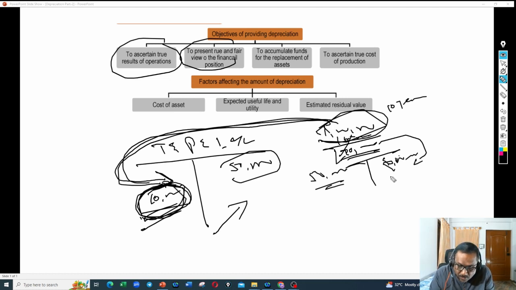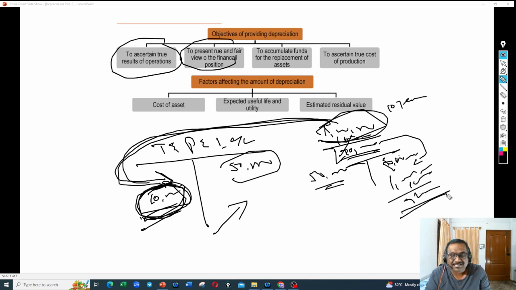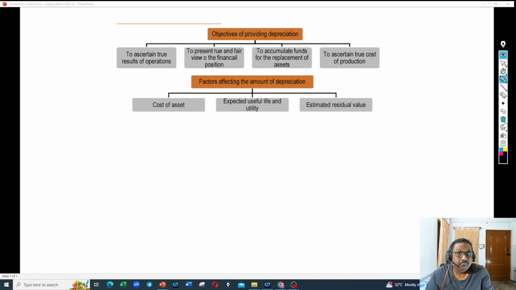I have to reduce 1 lakh minus 10,000, and show 90,000 on the asset side of the balance sheet. Then only will I be presenting the true and fair view of the financial position. So depreciation has to be debited and it has to be reduced from the cost of the asset.